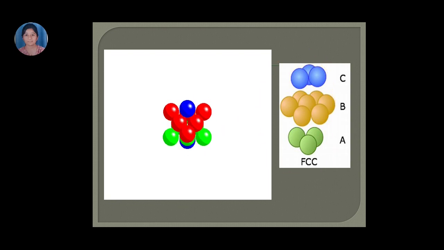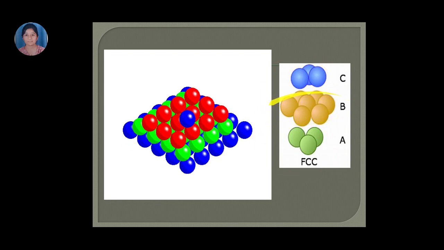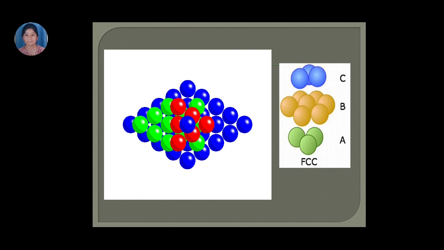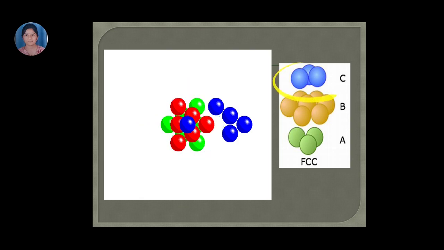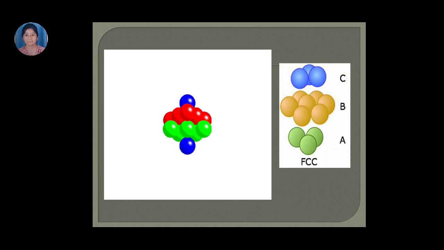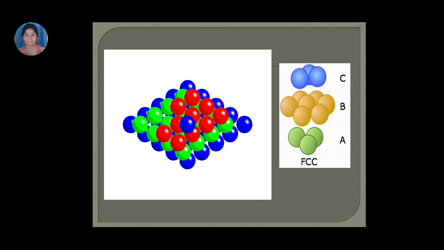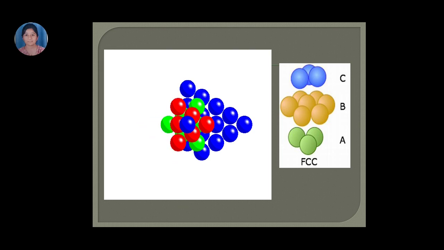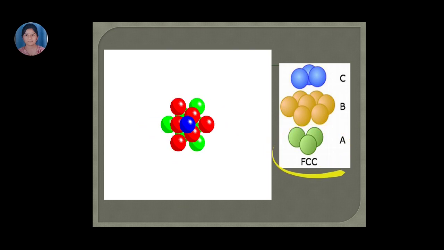That means this is the middle layer with 1 atom surrounded with 6 atoms. Above this, C layer will be present with 3 atoms aligned in a specific direction, and A layer which has 3 atoms arranged in this way, suppose.